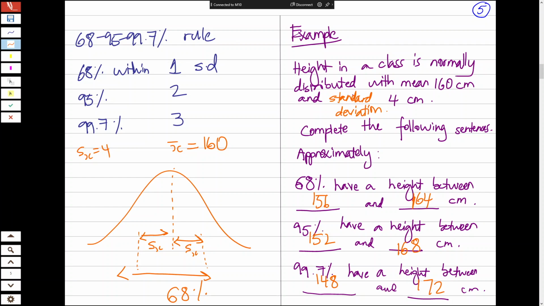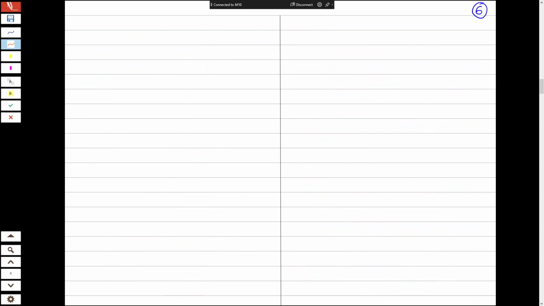Do you want to do one more? Have I confused you? Do you know what standard deviation means? I think that might be where we have an issue. I'll just quickly draw a diagram here.